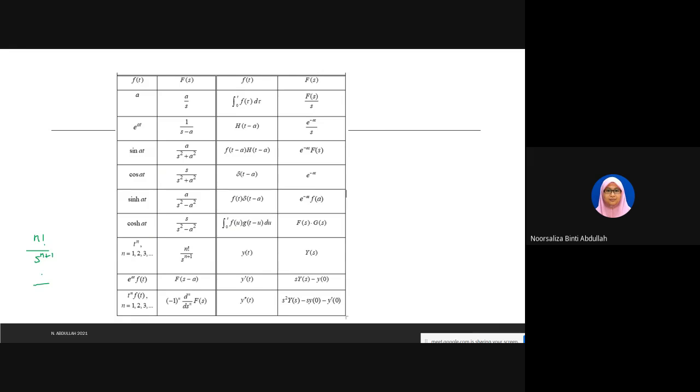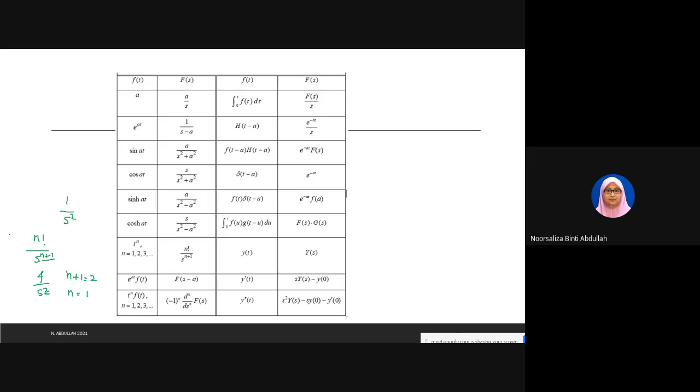So we have 4 over s squared. Look at this s squared: this 2 is equal to n plus 1, right? So n plus 1 equals 2, so n is equal to 1. So this one is 1 over s squared.